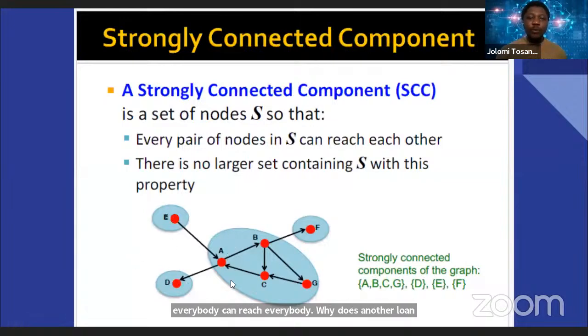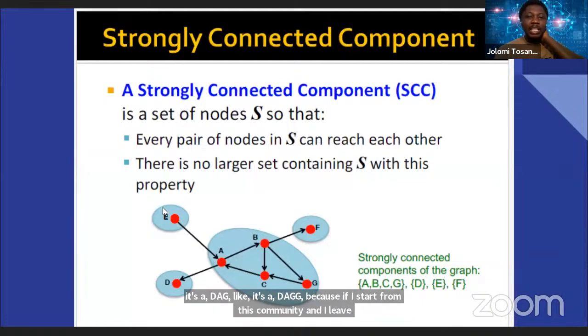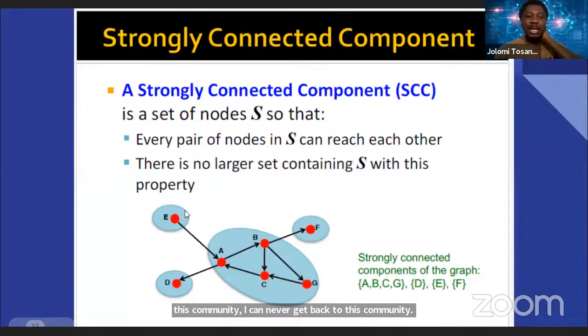If I consider each entire community as a single node, we then have 4 nodes: 1, 2, 3, and 4. And if you look at these 4 nodes from a high level, you see that it's a DAG, a directed acyclic graph, because if I leave this community, I can never get back to it again. Even if I leave this bunch of websites that are connected together, there's no way I can go back to it, right? So we can think of a network as a DAG of SCCs.